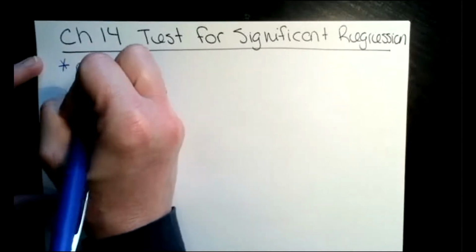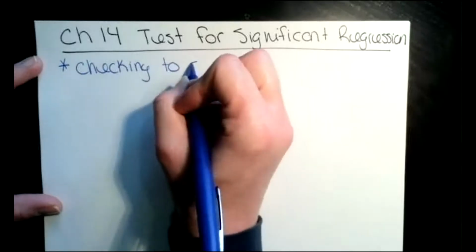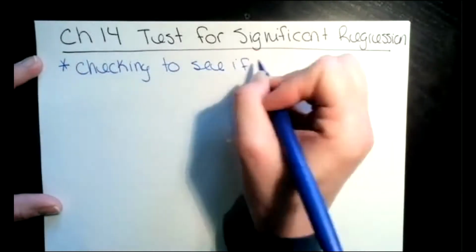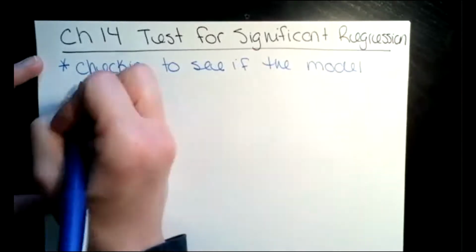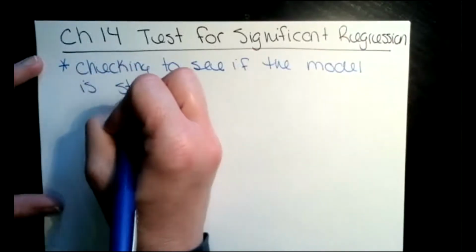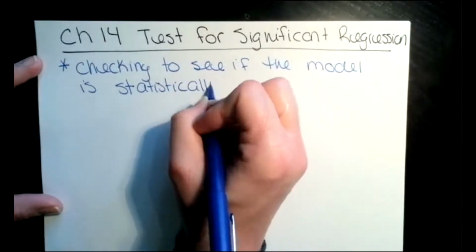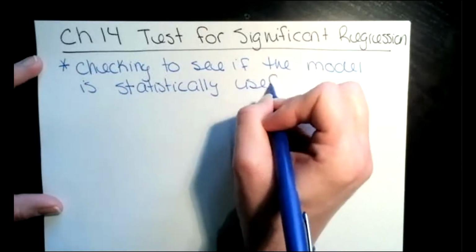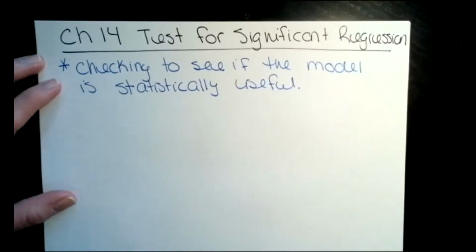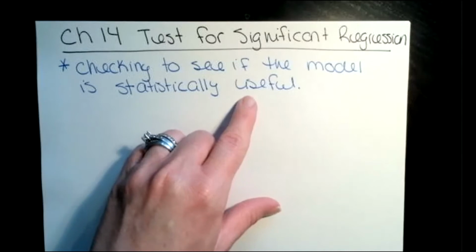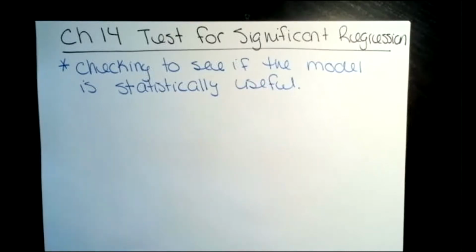We're going to check to see if the model is statistically useful. So if you remember from last class, we did check using our capital R squared to see if our model was useful.